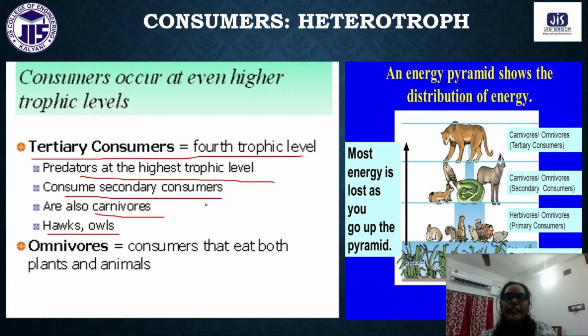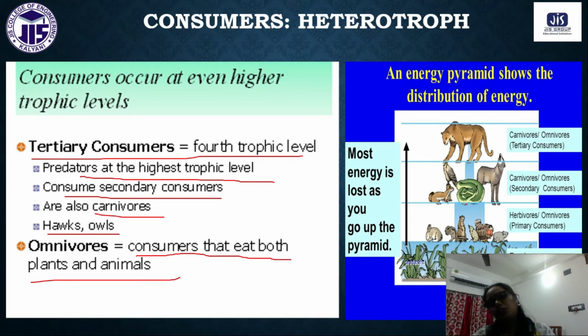They are all carnivorous. So these are the tertiary consumers which feed on the secondary consumers. And omnivorous consumers eat both. Omnivorous means they can eat both the plants as well as the animals, so they are called omnivores. Okay. Understand?